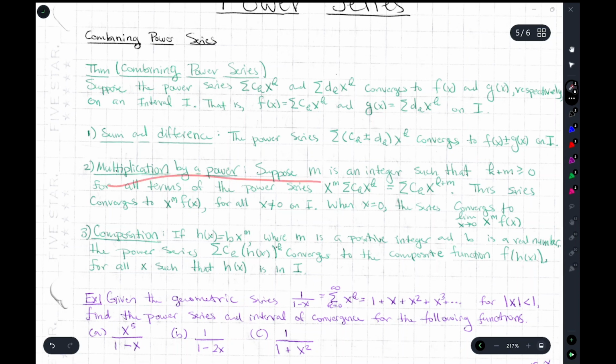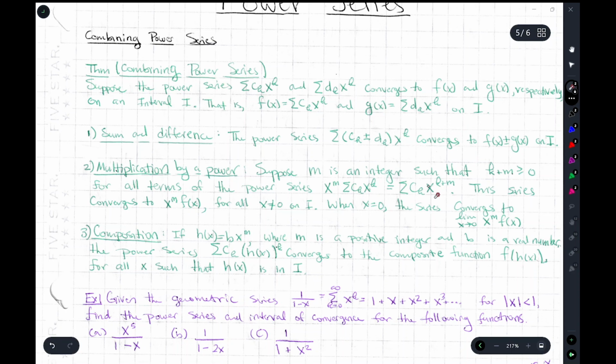We could multiply a power series. Suppose m is an integer such that k plus m is greater than or equal to 0 for all terms of the power series. So you can't choose an m that will make k plus m negative, basically.